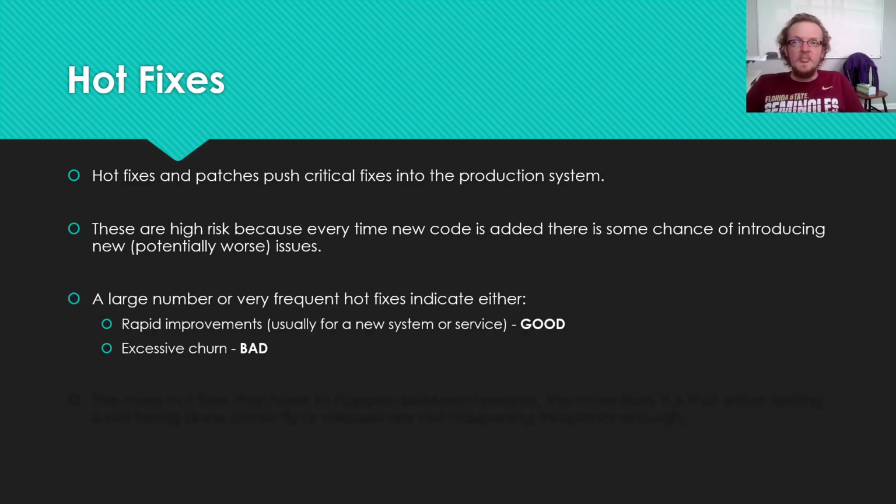So in terms of metrics, we've talked a lot about code churn metrics, we've talked about volatility metrics and that kind of thing. Typically, if you're looking at a system that has undergone a lot of hotfixes, one of two things is happening. Either the code is growing very, very rapidly, and for a brand new software package right off the shelf, this is typically a very good thing.